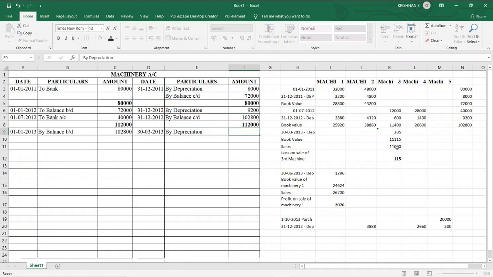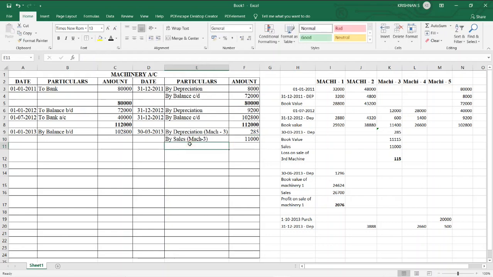So by depreciation on the machinery sold, machinery 3, is rupees 285. Then by sales, machinery 3, rupees 11,000.